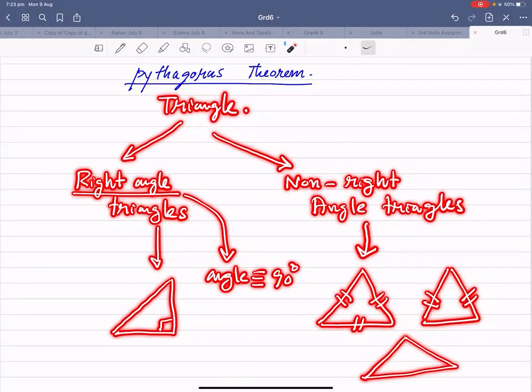Under non-right angle triangles, we can have isosceles, equilateral, or some other random. But right angle triangles are important. Why? One of the angles is 90 degrees. I hope you understand that logic, right?